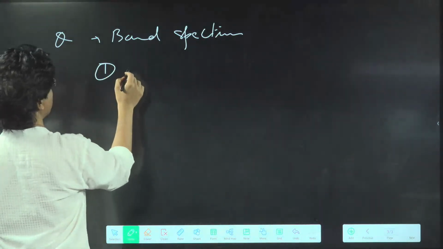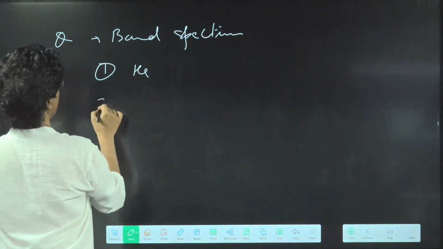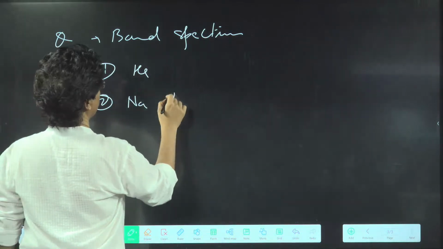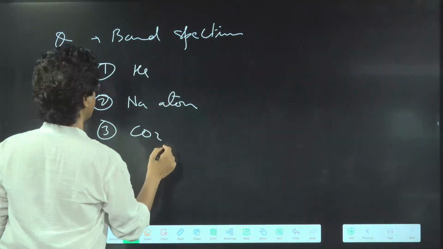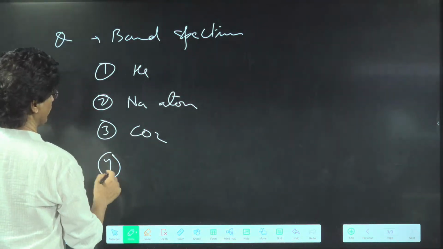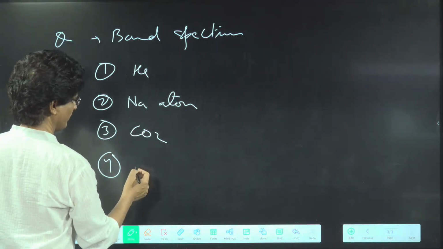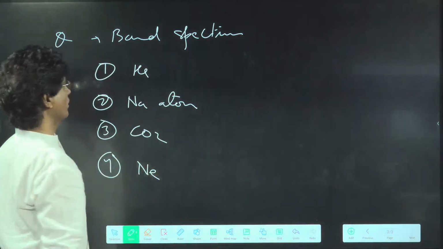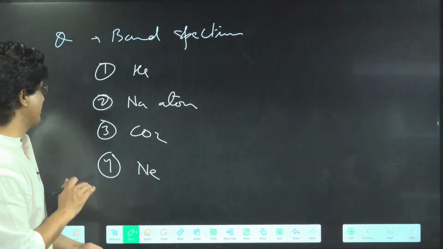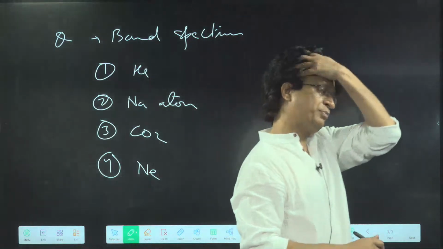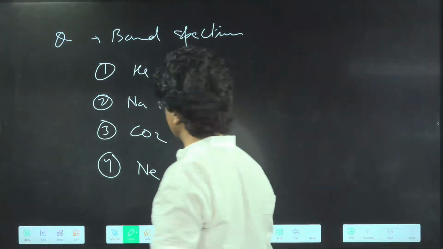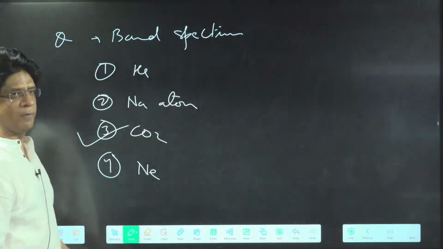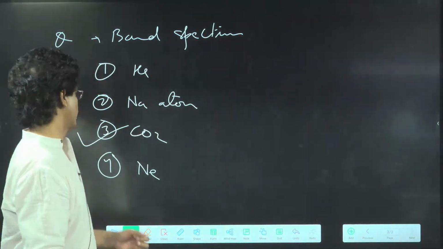First option is helium, we can have sodium atom, we can have CO2 molecule, or we can say neon. Come on. Which will show band spectrum? Band spectrum is shown by metallic solids or molecules. It will be given by CO2. Very good.